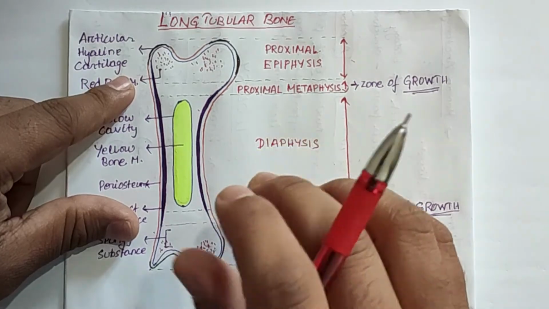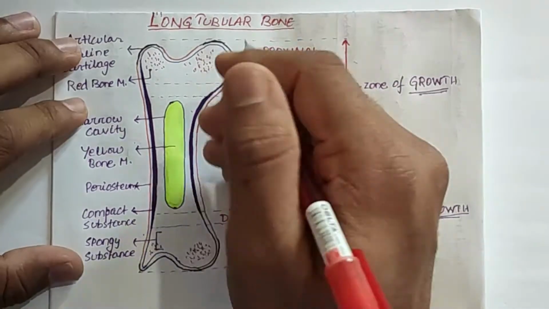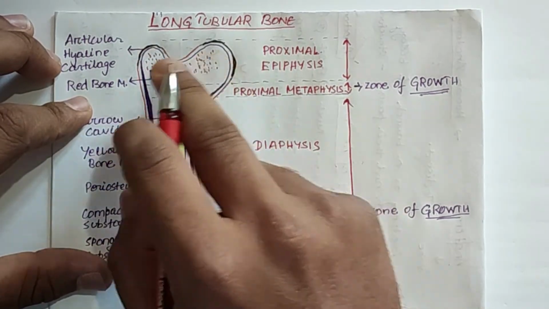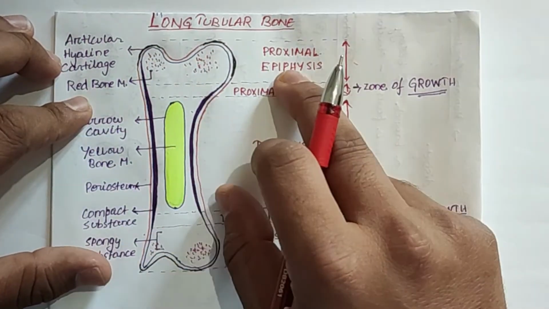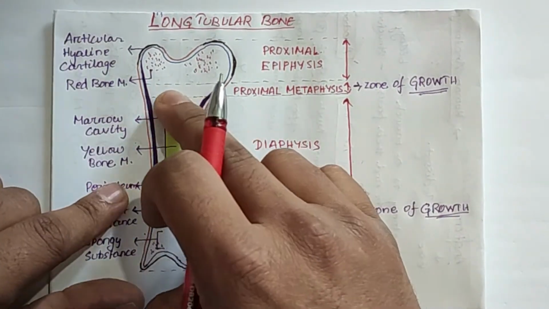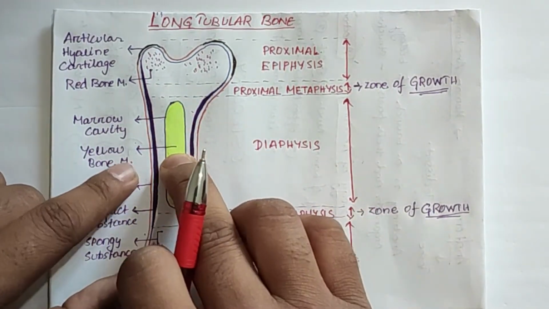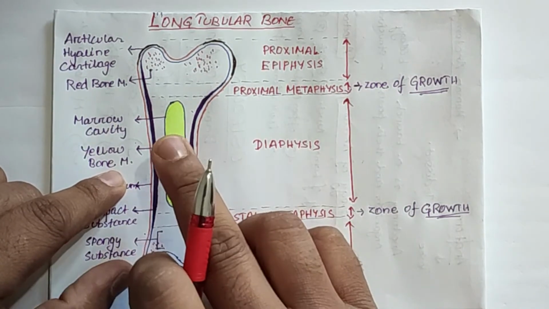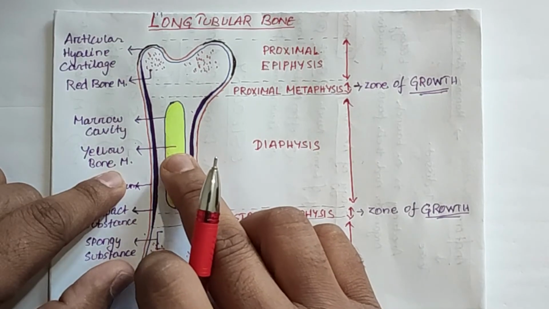And the epiphysis contains red bone marrow or spongy substance, and the diaphysis contains the bone marrow cavity, in which yellow bone marrow is present in adults, or red bone marrow in young children.